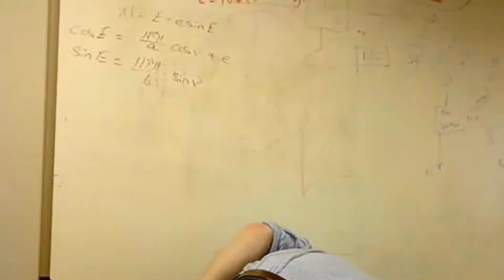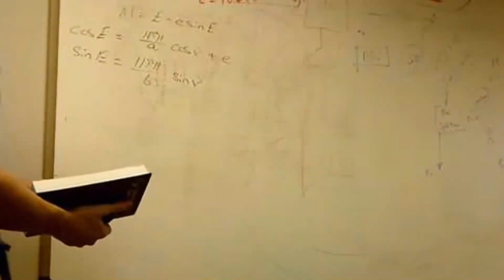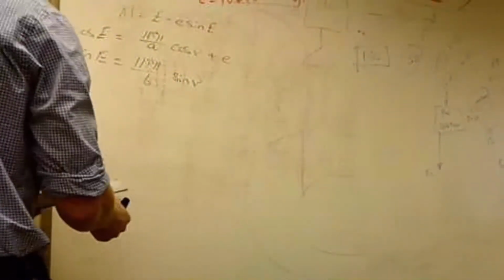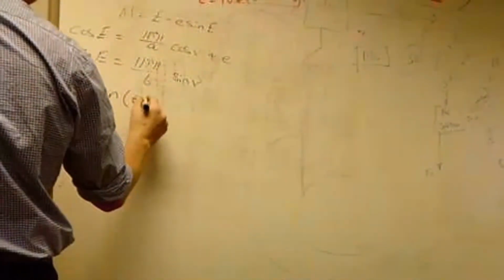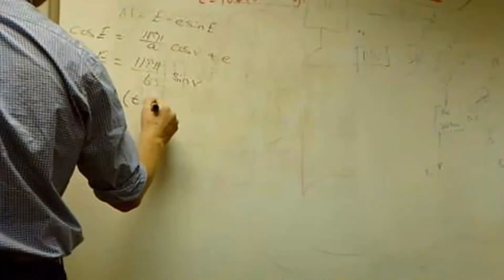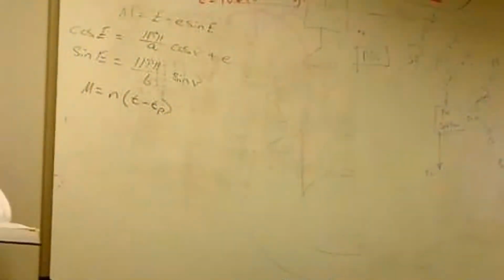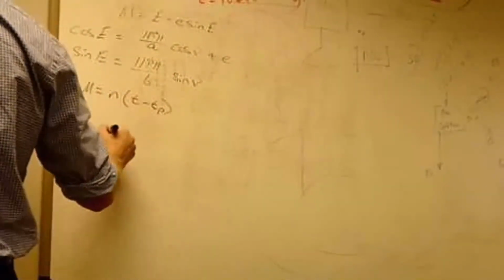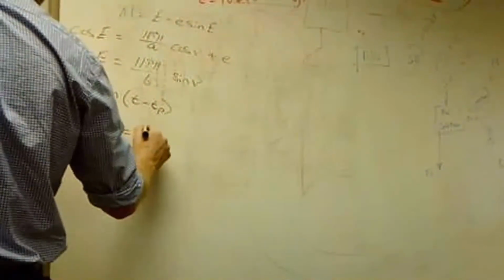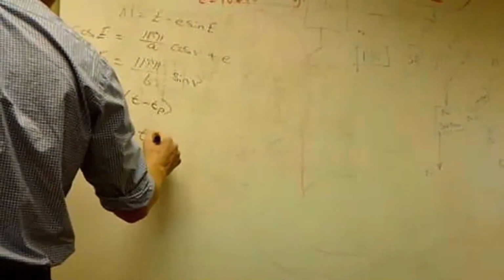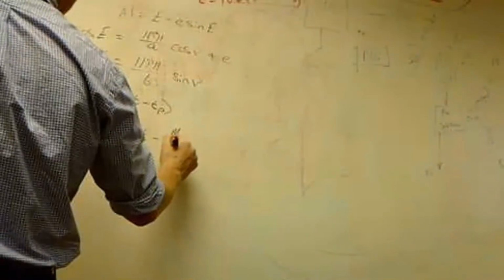Then remember, our mean anomaly is related through the mean motion to, our mean anomaly actually is the mean motion times the current time minus the time of perigee passage or perifocus passage, so that we can shift things around here. We get our time minus the mean anomaly over mean motion.